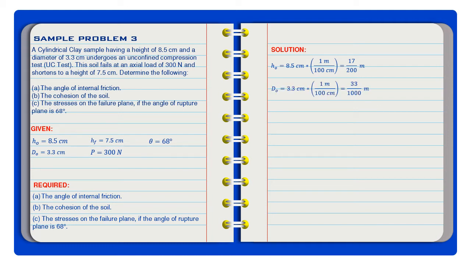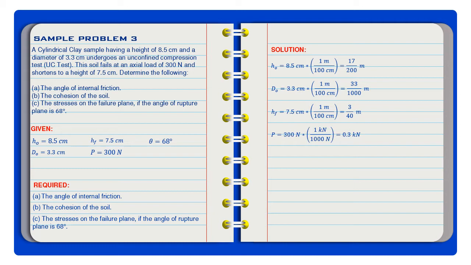Then, the original diameter, 3.3 cm times 1 meter over 100 cm, we will have 33 over 1,000 meters. Then, for our final height, we will have 7.5 centimeters times 1 meter over 100 centimeters. So, it will give you 3 over 40 meter.